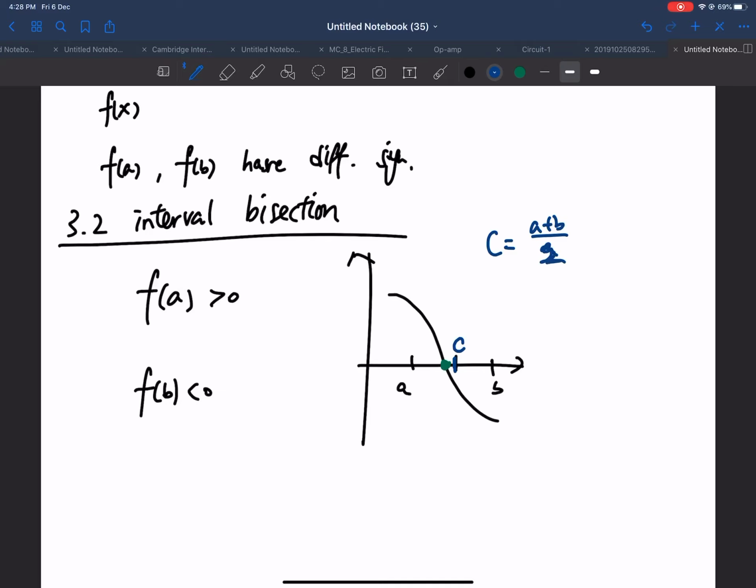And then you try to find f(c), see if it is greater than 0 or less than 0. If f(c) is less than 0, just like in this graph, the solution should be within a and c. If f(c) is greater than 0, then the solution should be within c and b. That's how it works for interval bisection.